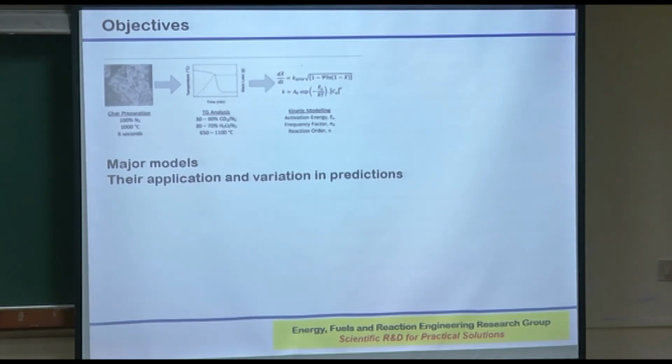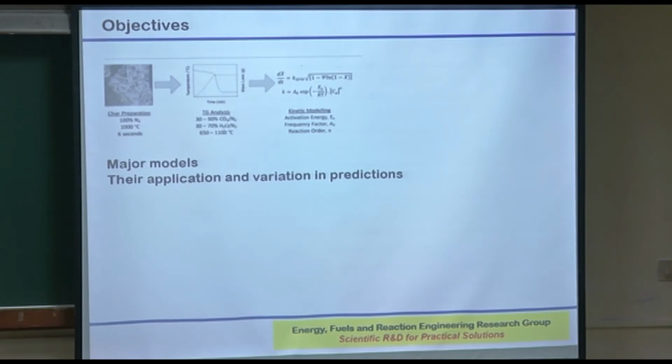So from these experiments you can do two things. One is you can see which models are applicable for prediction of the char conversion rate for your char. That's number one.